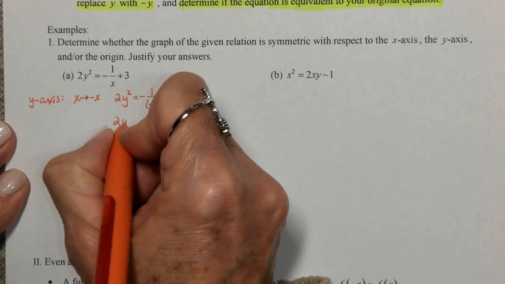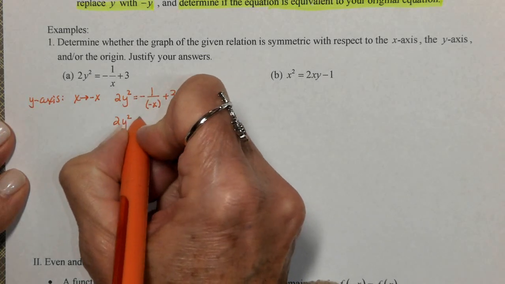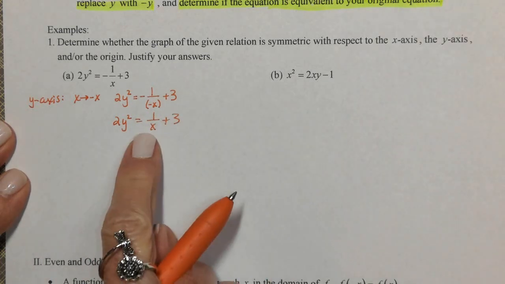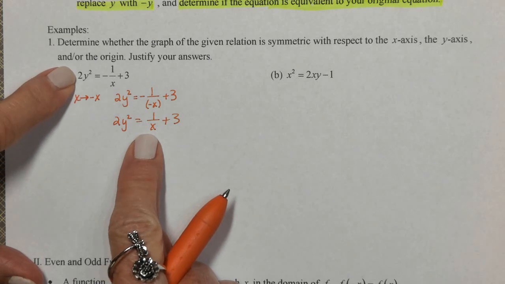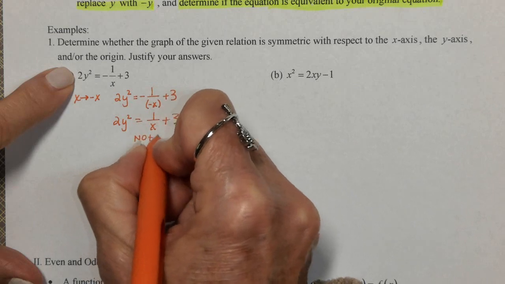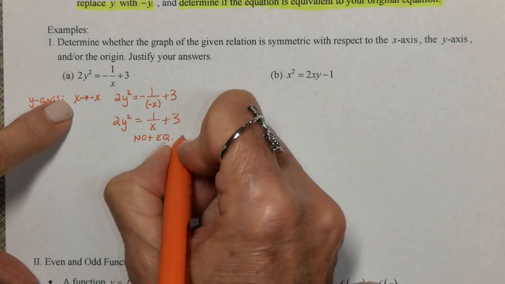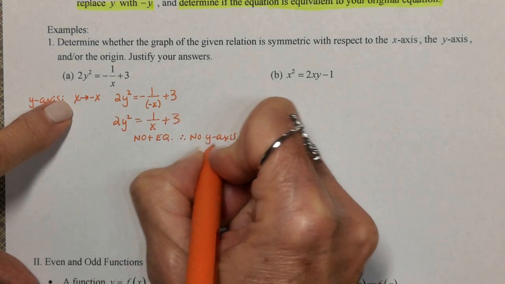I would have 2y squared. I have negative 1 over negative x. There's 2 negatives there. It makes a positive. Is this equation equivalent to that equation? No, it is not. So, not equivalent, therefore, no y-axis symmetry.